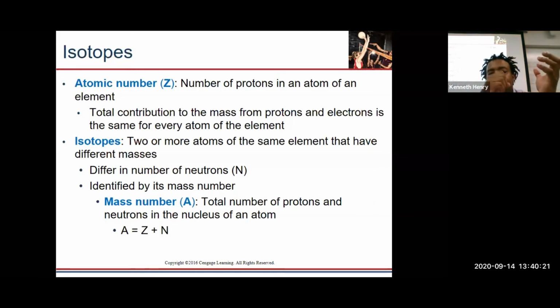So an isotope is two or more atoms of the same element, but they have different masses. What does he mean by that, right? For instance, I talked about carbon 12.